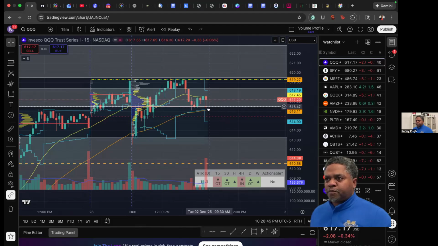But we see price is in the middle of a zone. So I will wait until we get to the lower part of a zone or to the upper part of the zone to take a look at what I'm going to do. The 21 is above the 50, so I am anticipating or hopefully looking for longs. So if it comes down into this lower area of the zone, then I'm looking to buy in at a discount.